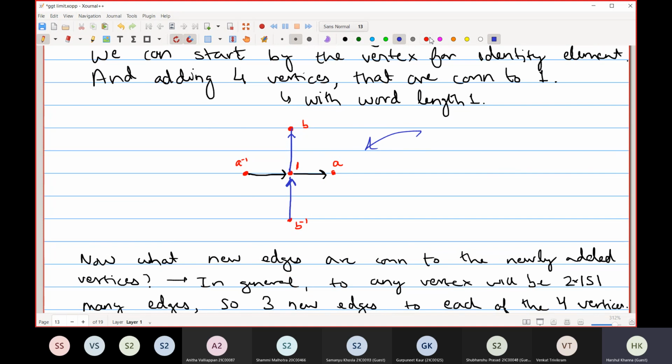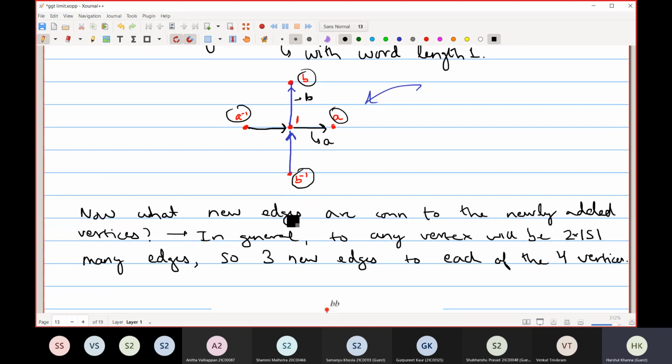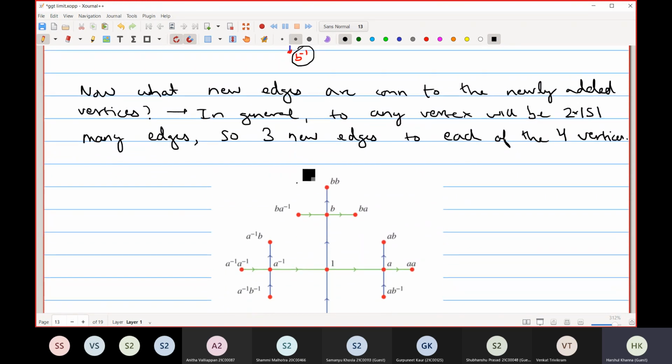Let me just use black. You have to connect the identity element to four different vertices: A, A inverse, B, B inverse. The blue edges represent the label B, and this other color represents the label A. So now, what new edges are connected to the newly added vertices?